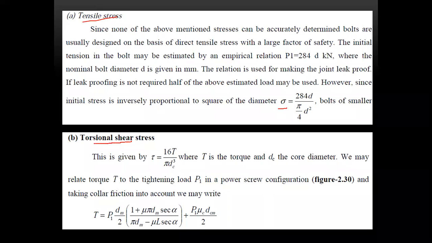Second one is torsional shear stress. The torsional shear stress tau is equal to 16T by pi dc cubed.